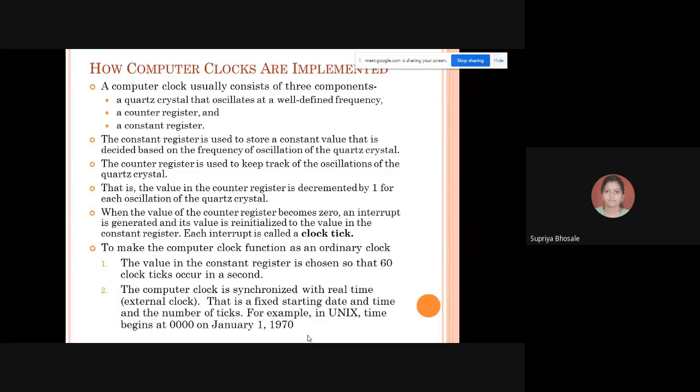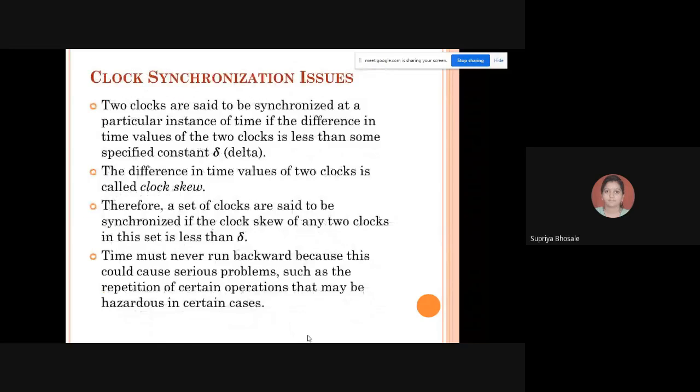Going a little ahead, we can see the definition: 2 clocks are said to be synchronized at a particular instance of time if the difference in the time values of the 2 clocks is less than some specified constant called a delta. To bring a clock into a synchronized state, we allow a certain difference between 2 clocks, a very small duration of time, which we can call a delta.